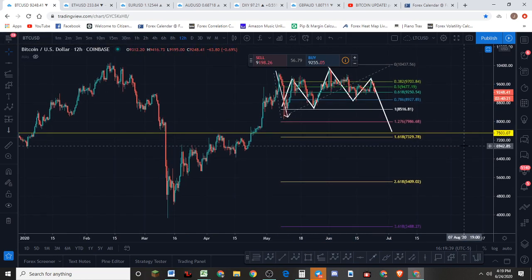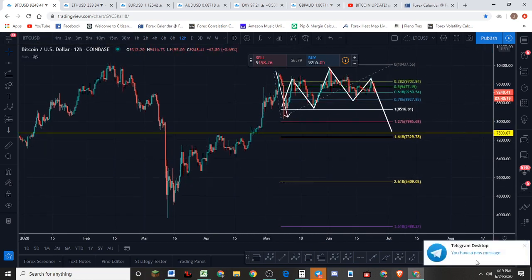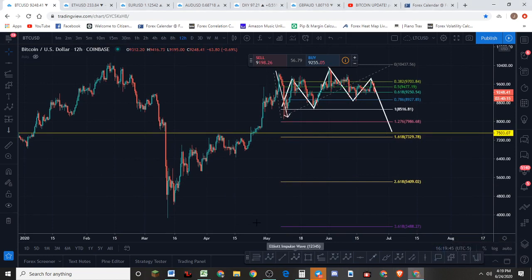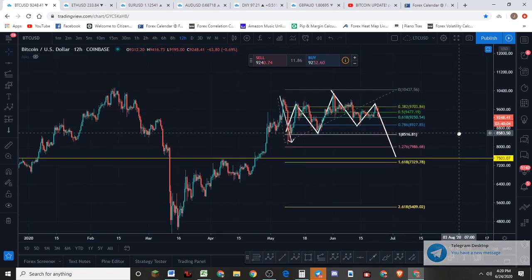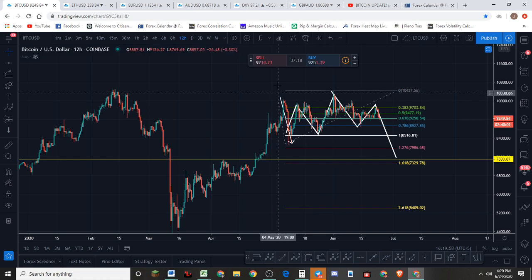How would we look at that in light of this correction? I would say that this is either a three-wave move to the upside, and this is the beginning of actually a motive wave, but that couldn't be because we have a flat here that creates a new high. Again, this count could be incorrect, but it's a possibility.